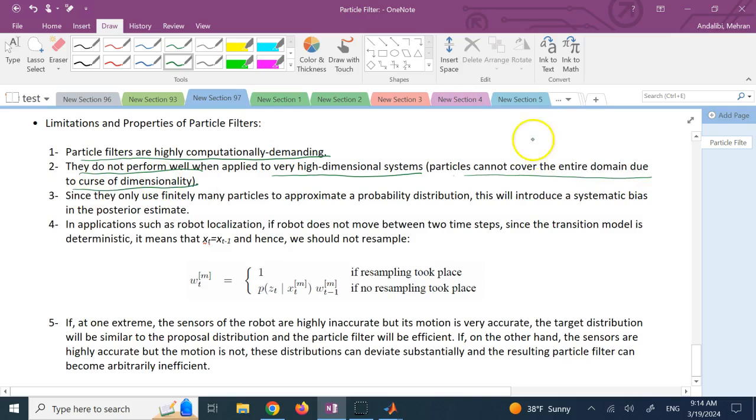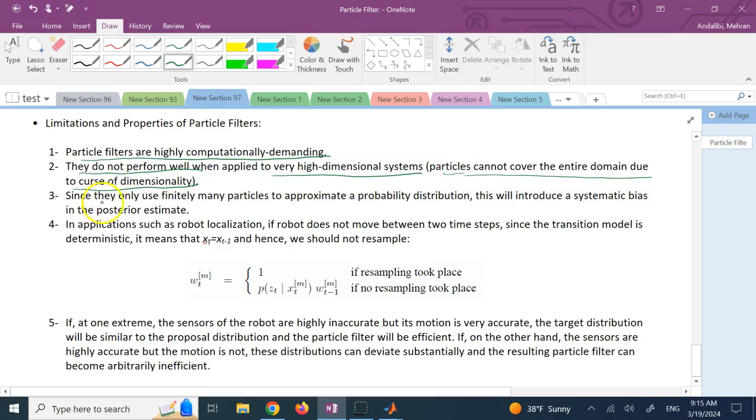So when you are in a high dimensional space, each group of particles will only go to a corner of that space, and the distance between them can go high. And if you want to keep those distances smaller and cover the entire area or most of the area, you need a very large number of particles, which practically might not be feasible to track. Since you limit the number of particles really, then there are some areas of the space that you cannot physically cover. Okay, and you miss them.